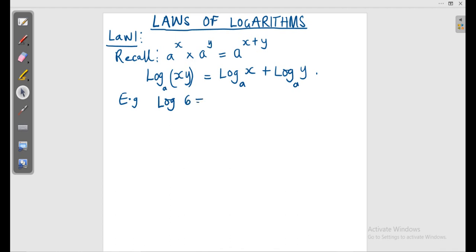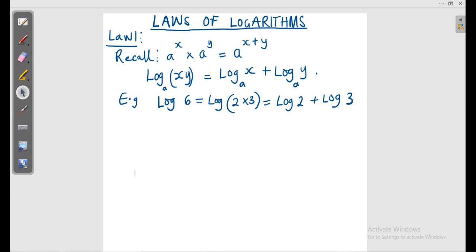It is the same thing as log 2 times 3, which gives you log 2 plus log 3. Please note, log 2 plus log 3 is not log 5. Please take notes. That is really very important.